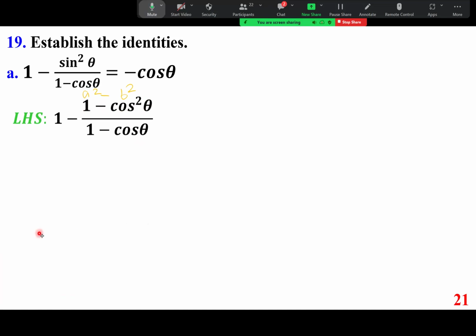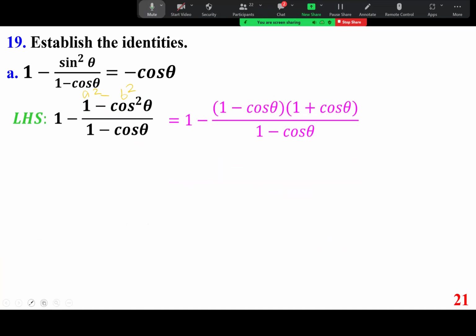So you can say 1 minus cosine theta, 1 plus cosine theta, and therefore you can drop this. So this is gone. 1 minus the parentheses, which makes it 1 minus 1. And you're done. So negative cosine theta.